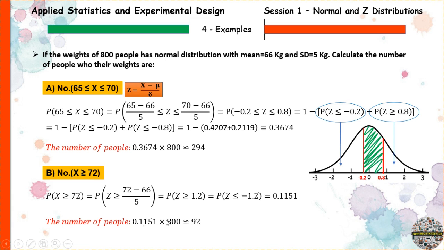So this is our probability, and if we multiply our probability by the total number of measured weights, we will have 92. So roughly 92 people have more than 72 kilograms, of course equal or more than 72 kilograms as their weights.